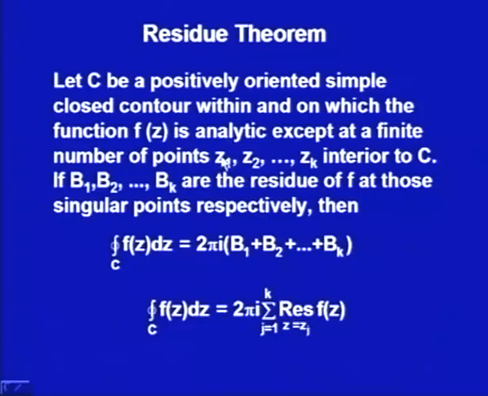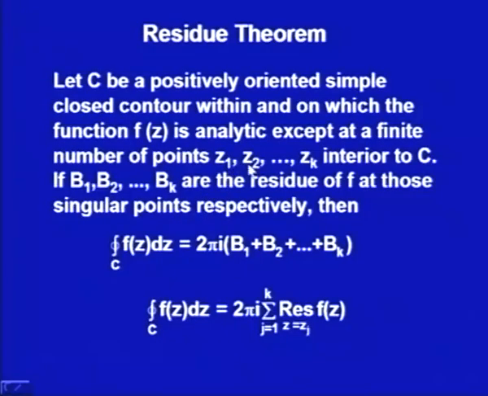Two things we have to discuss here. First, I said there are a finite number of isolated singularities interior to C. What we said is that the function f is analytic except at a finite number of points, and these are isolated singularities.